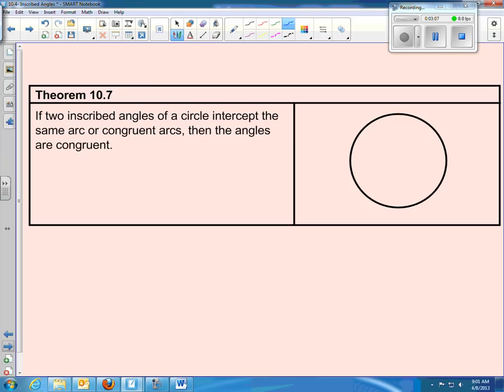All right. Our Theorem 10.7 for the chapter says if two inscribed angles of a circle intercept the same arc or congruent arcs, then the angles are congruent. So let's say we have two inscribed angles here. There's our first inscribed angle, and then here's our second inscribed angle.